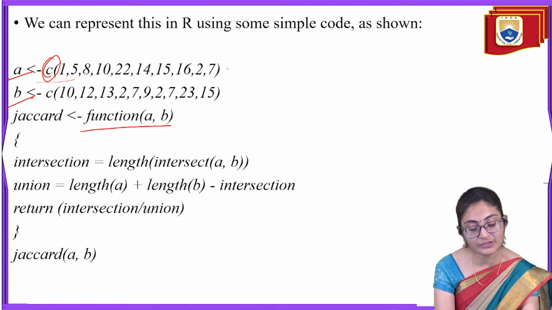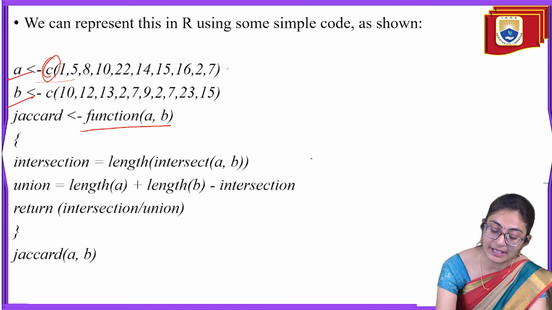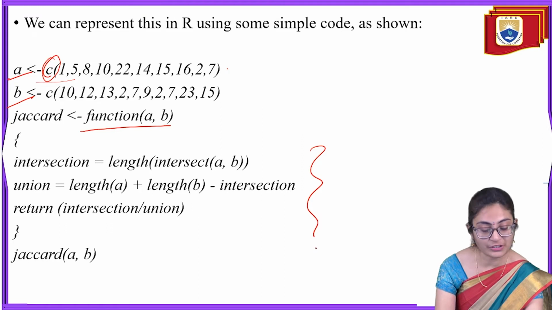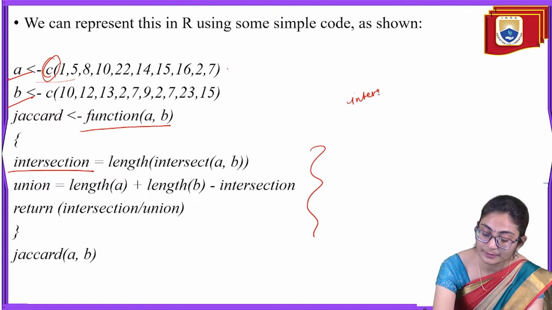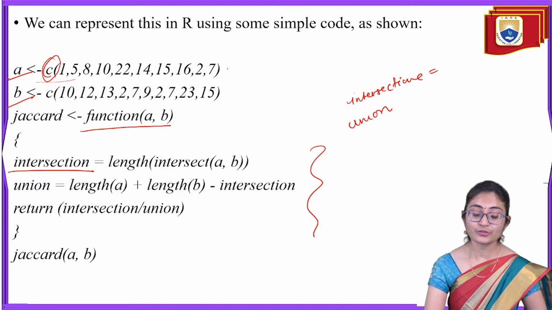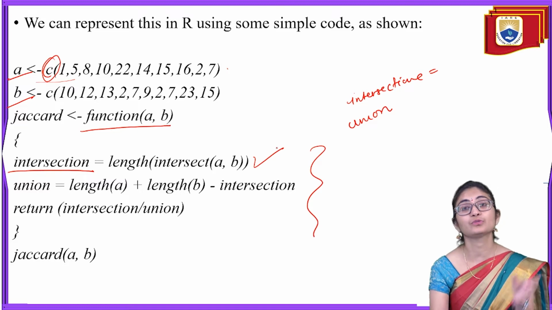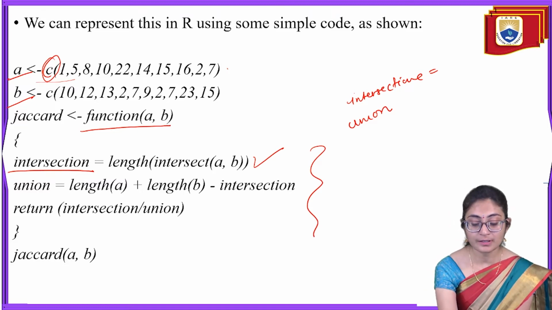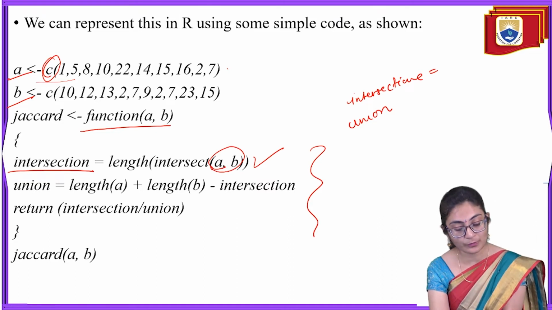In the Jaccard function, I used an open curly bracket and wrote some operations. First I wrote intersection, then union, and then I used return. First you have to find the intersection: intersection is equal to length of intersect of A and B. Now you will get the value of the intersection.